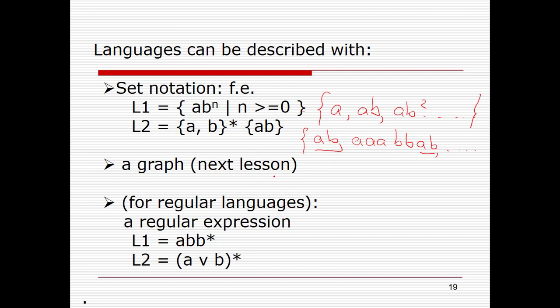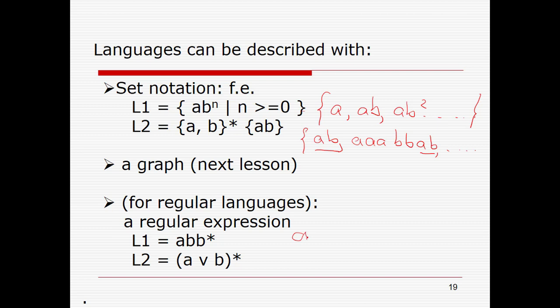A second way of describing a language could be with the help of a graph. We will do that in the next lesson about languages. And we have a third way, but that only applies to regular languages. We can use a regular expression. And basically a regular expression is similar to the set notation. But now we say, okay, if I have this expression, we can make words.